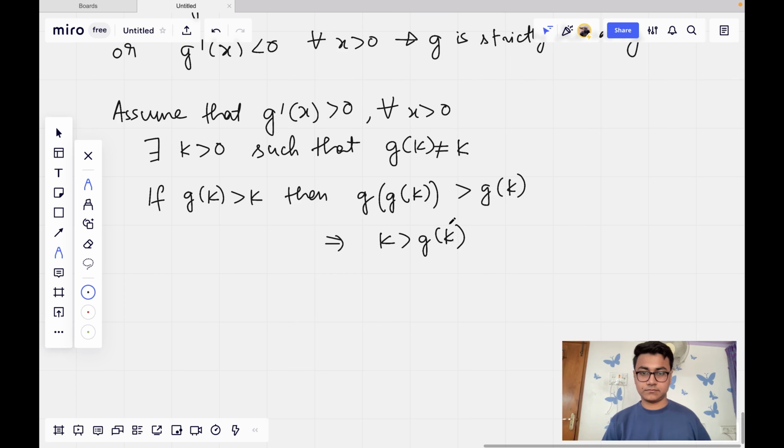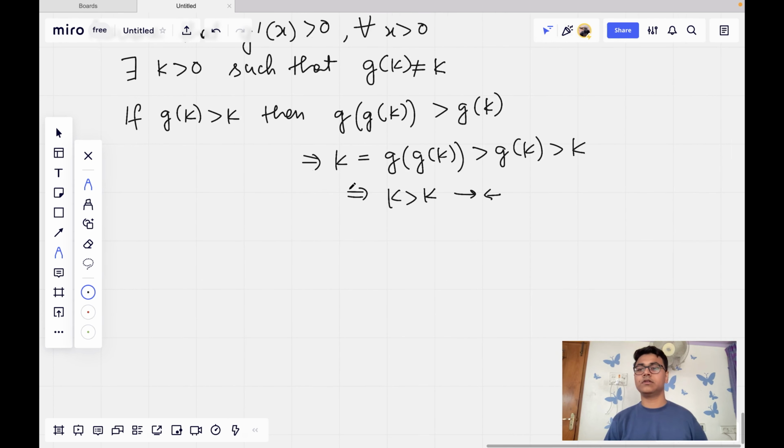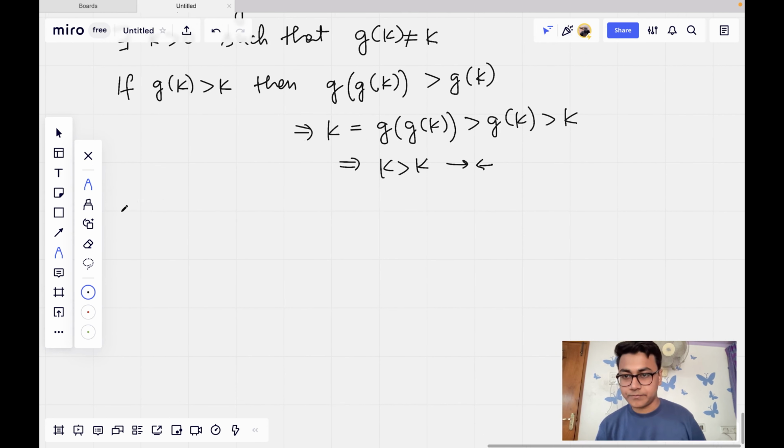And this gives us that k equal to g of k is strictly greater than g of k, and we have assumed that this is strictly greater than k, which is not possible. This is just absurd. So g of k can't be greater than k.